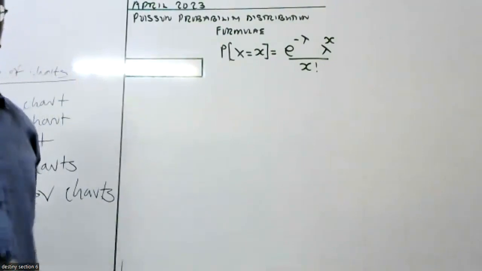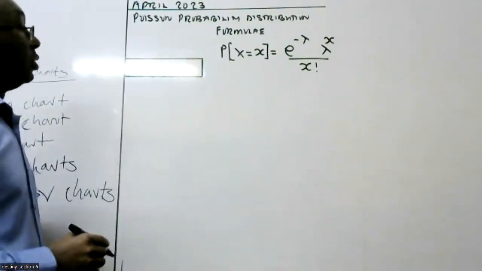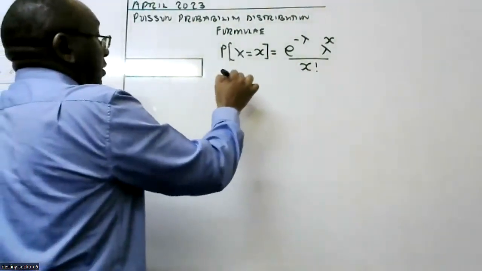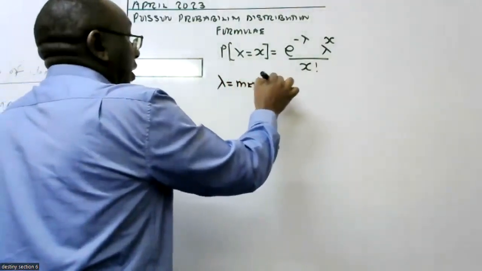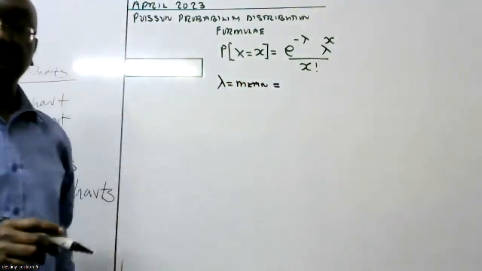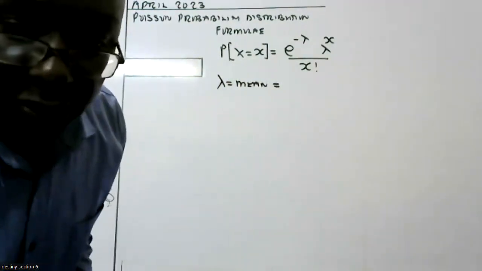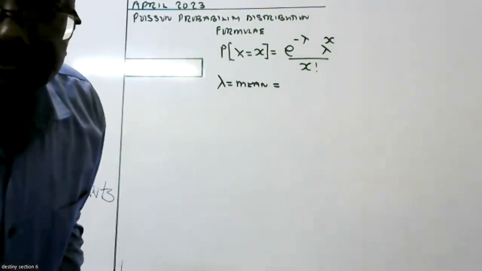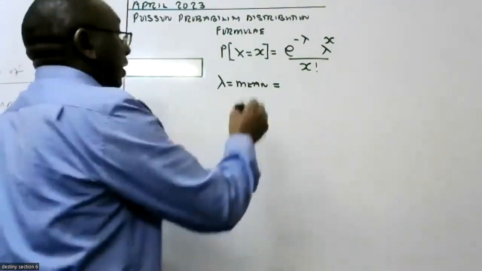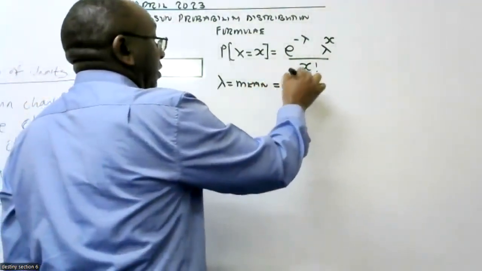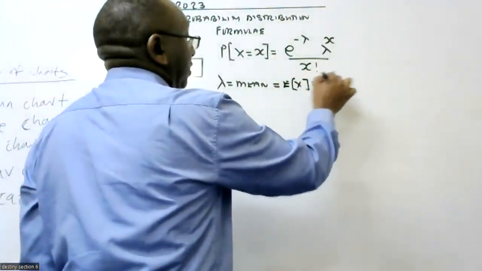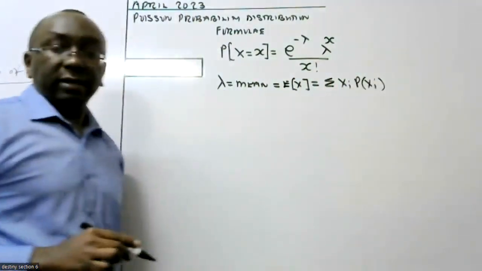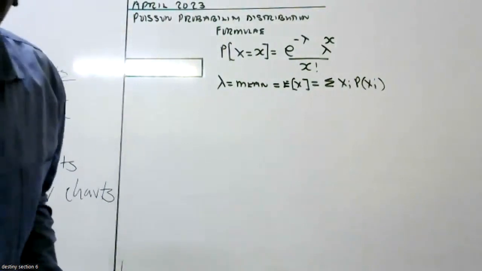And when you do so, lambda is the mean. And I told you when you are told to compute the mean, it is the expected value of X. And the expected value of X is the sum of Xi multiplied by probability of Xi.